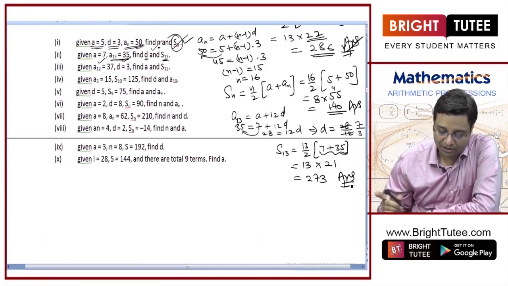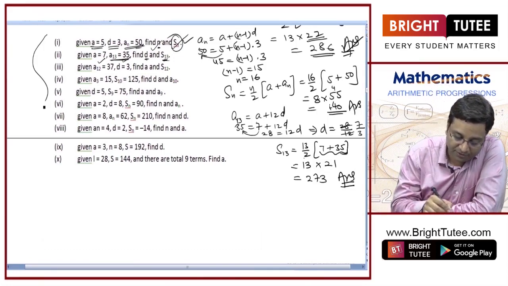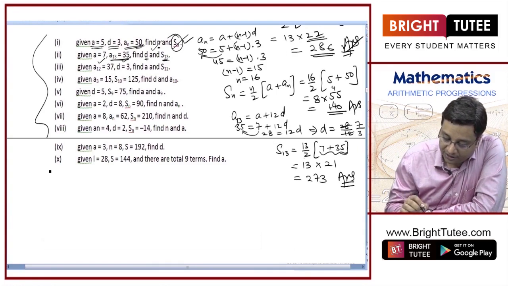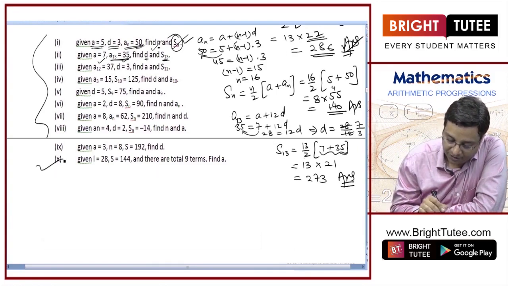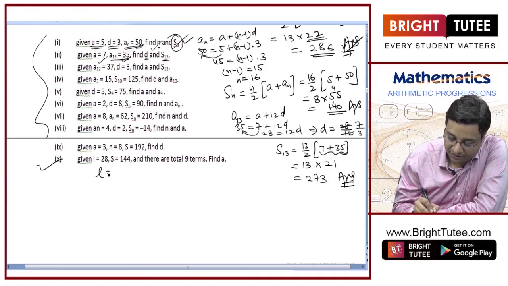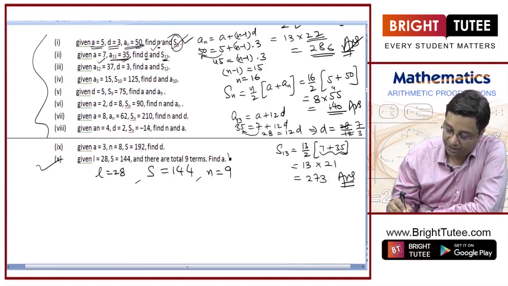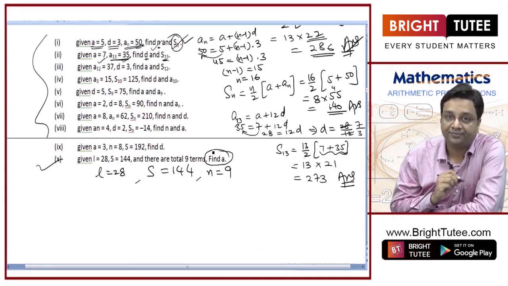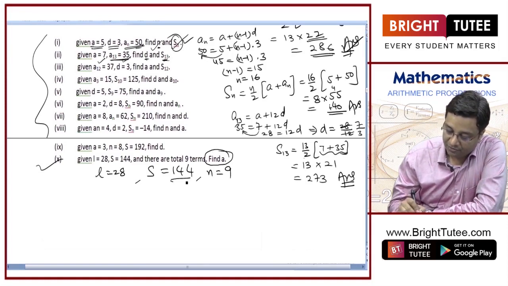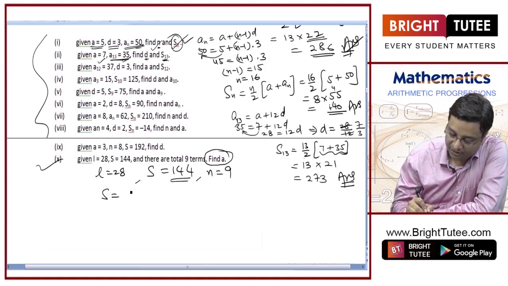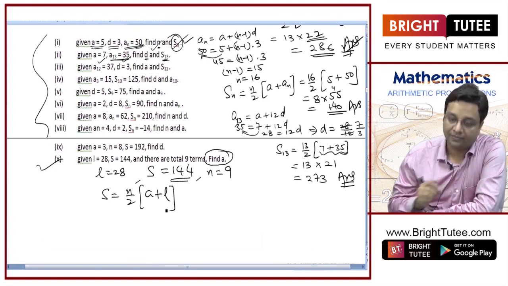Let's take one more question, this one, where l is given as 28, sum is equal to 144 and number of terms is equal to 9. We need to find a, right? What is the formula for S? It is equal to n by 2 (a plus l), right?